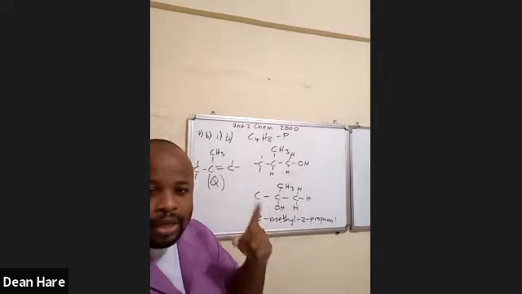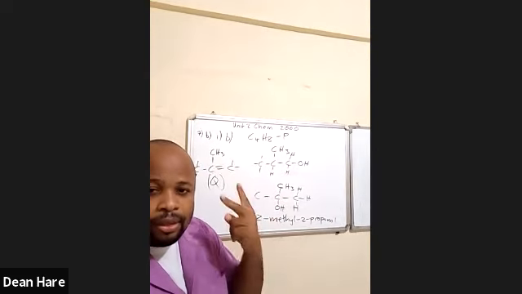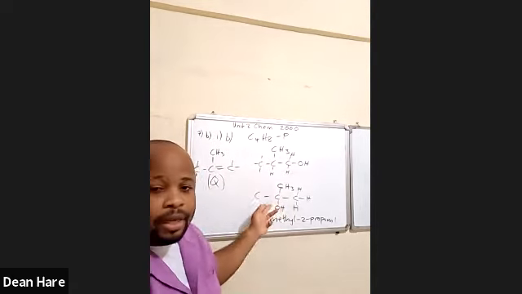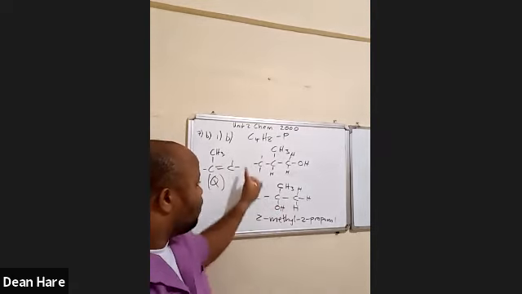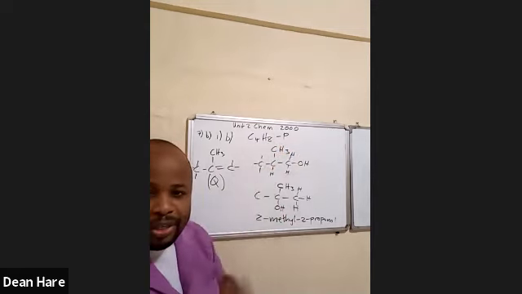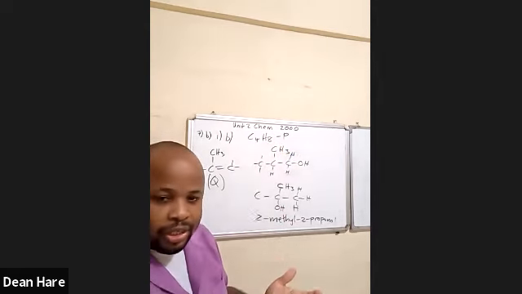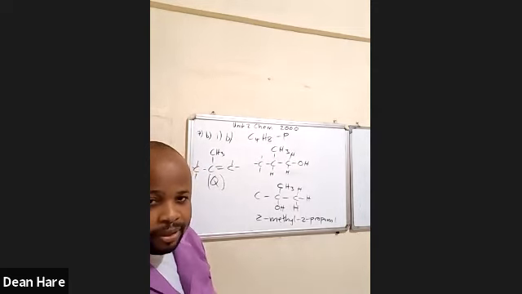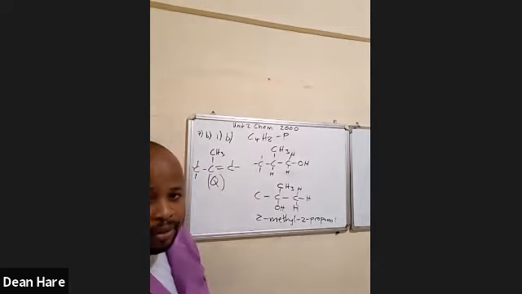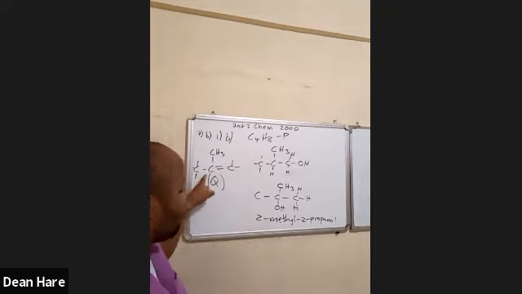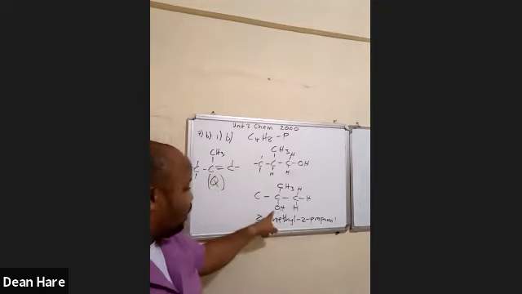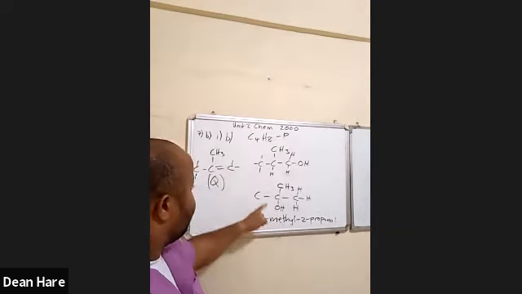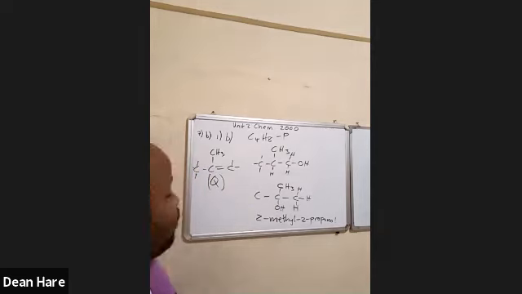That is why we could not go with the straight chain, because the straight chain would have given us secondary and primary alcohols. So it had to be a branched alkene for us to get the tertiary alcohol. So that is how we know that this is supposed to be the structure.